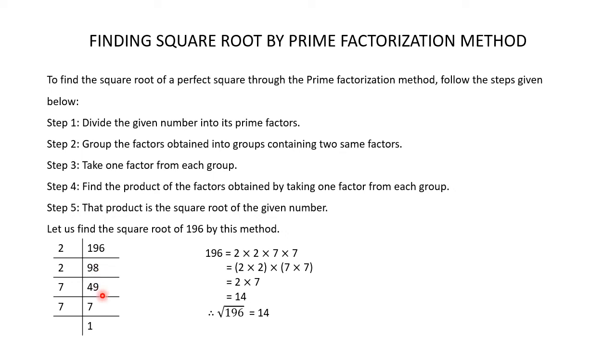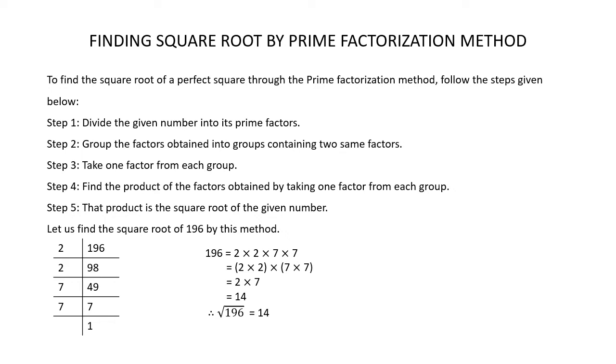Divide 49 by 7, you will get 7. Divide 7 by 7, you will get 1. So, 196 can be written as a product of its factors 2, 2, 7 and 7. So 196 is equal to 2 multiplied by 2 multiplied by 7 multiplied by 7.